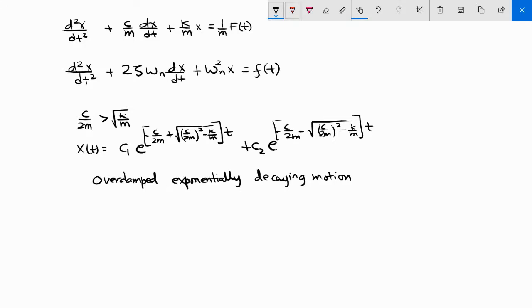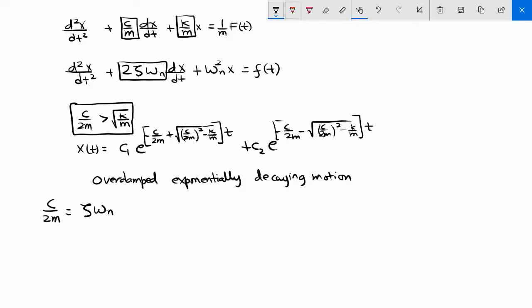So let's first try to see the damping ratio in this inequality. If you compare the coefficient of dx dt in the first version of the differential equation with the second version, and as we have already shown in the previous clip, we can write c over 2m is equal to zeta times omega n.